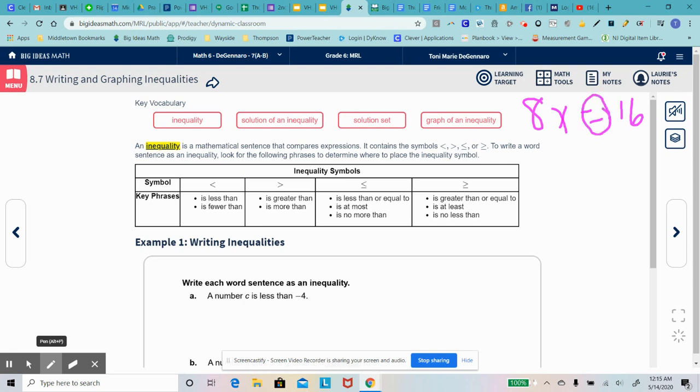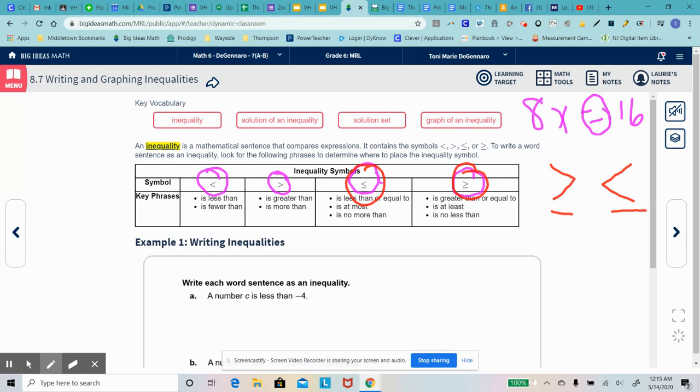All right, so here are your inequalities. You have a less than sign, a greater than sign, a less than or equal to, and a greater than or equal to. So the difference between these two and the purple, the two that are in purple, is that if you notice, you're going to see a line underneath that greater than sign or a line underneath the less than sign.